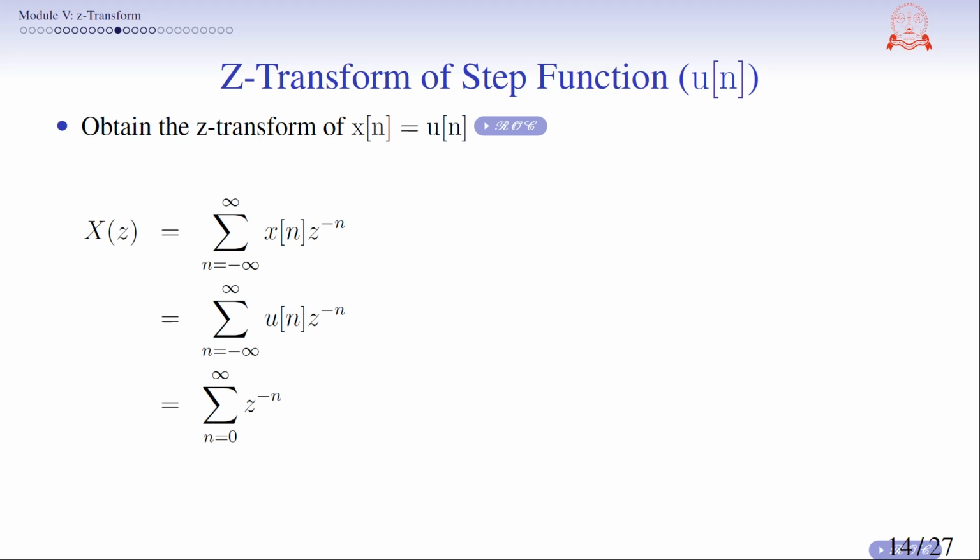So summation n equal to 0 to infinity z raised to minus n is equal to 1 plus z raised to minus 1 plus z raised to minus 2 plus, etc., up to infinity. This is a geometric series, and this equation can be expressed as 1 divided by 1 minus z raised to minus 1, or z divided by z minus 1.